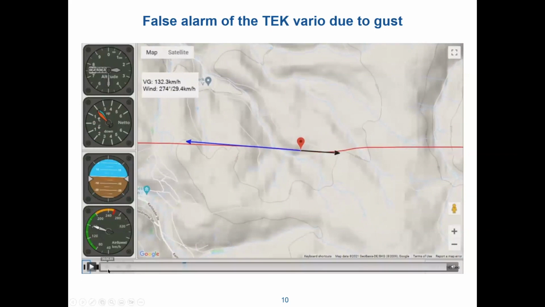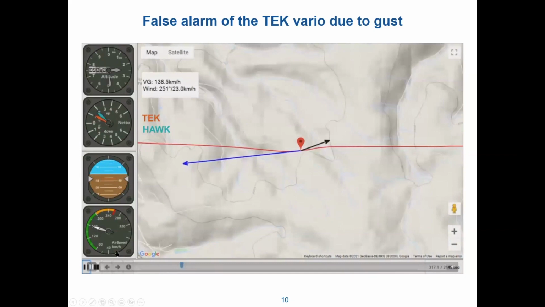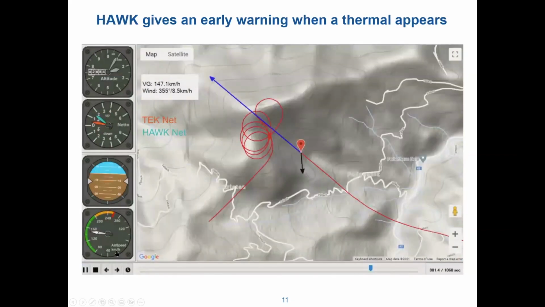That is demonstrated in the next slide. Namely, the other important property of Hawk is, if there is a thermal, Hawk doesn't miss it. This is called detection probability. The other was a false alarm probability.